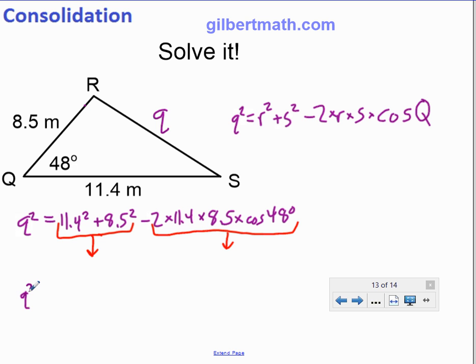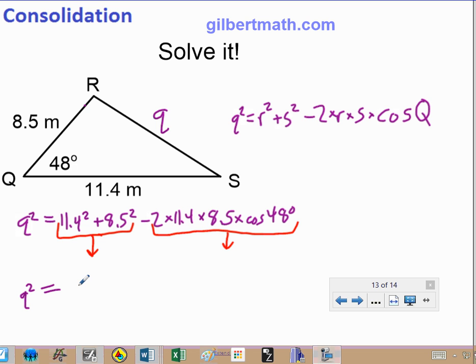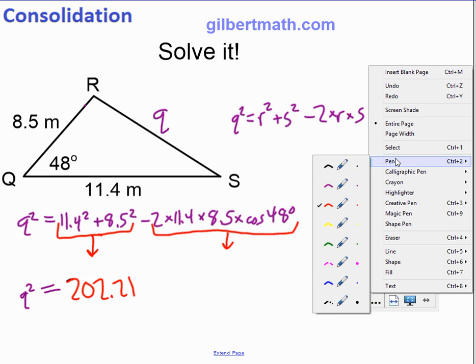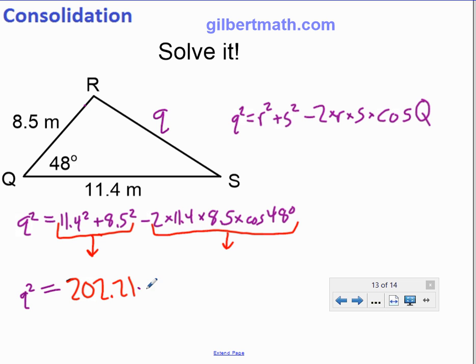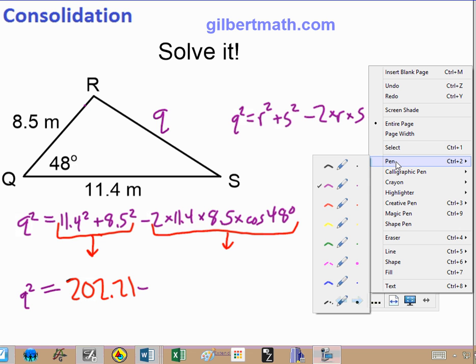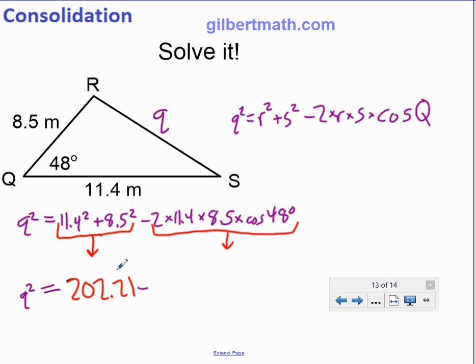So q squared equals, and I get 202.21, and from that I will be subtracting 129.68.